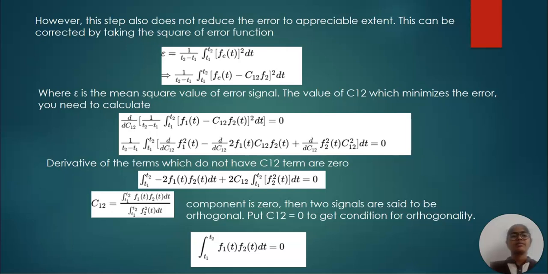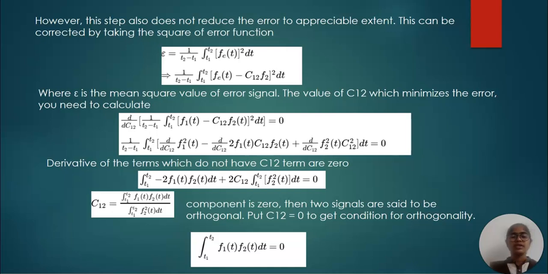This can be corrected by taking the square of the error function. Now we have to square the fe of t and apply the formula, where epsilon is the mean square value of the error signal. The value of C12 which minimizes the error we need to calculate.